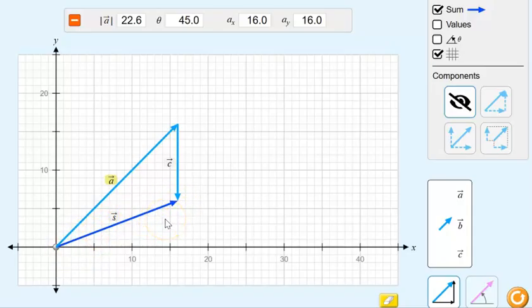of those two vectors. So don't worry too much about the sum right now. This lecture is just focusing on what's called vector components or vector breakdown.